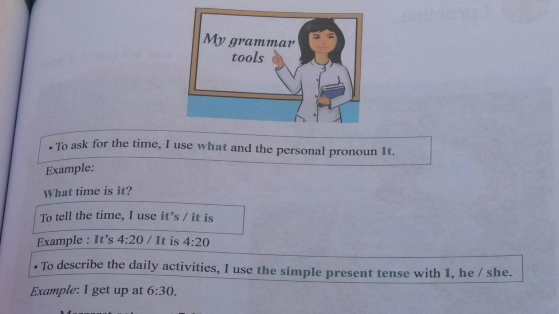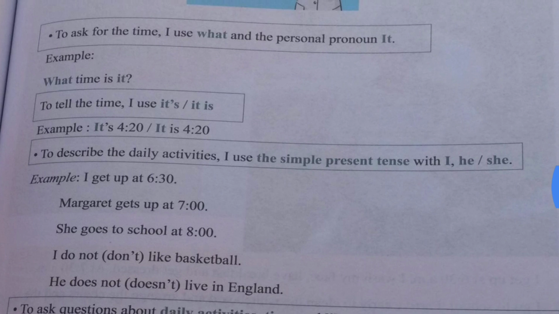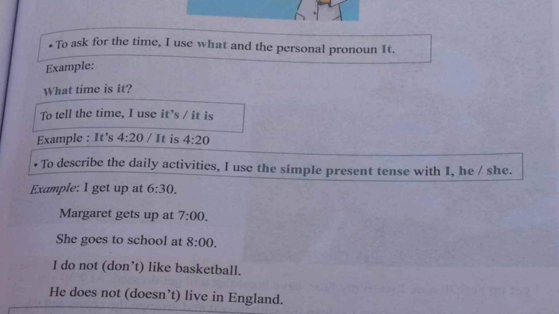With مع الضمائر I أنا he هو she هي. مثال I get up at 6:30. I أنا get up أستيقظ at 6:30 على الساعة 6:30.